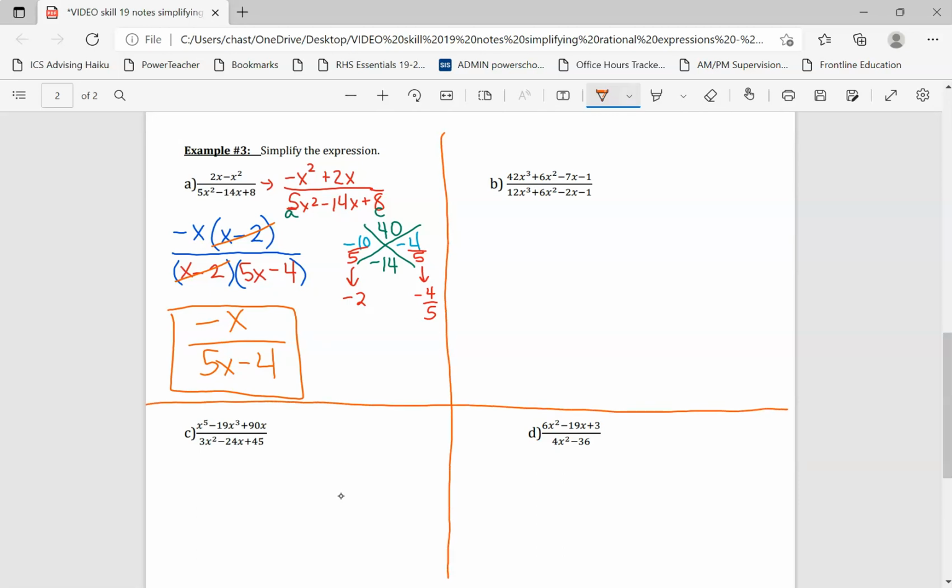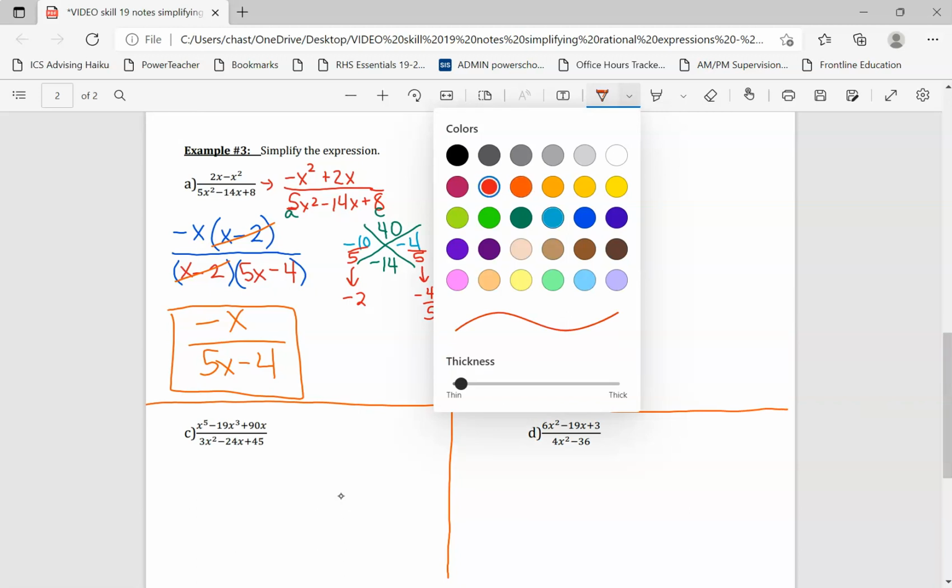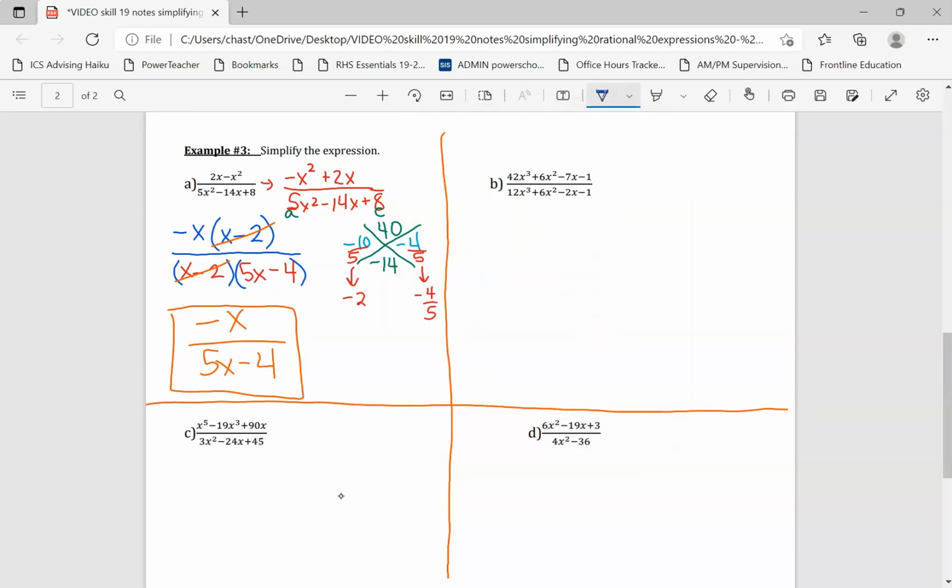All right, let's try another one. On this next one, this one is a factor by grouping, so we're going to take the first two terms together and the last two terms together. We can factor out 6x squared on the first group, and that gives me 7x plus 1.